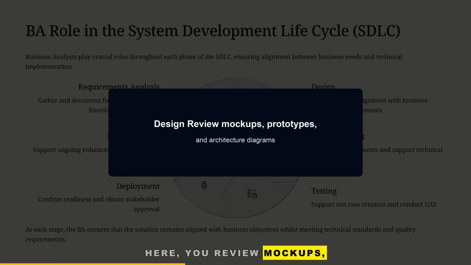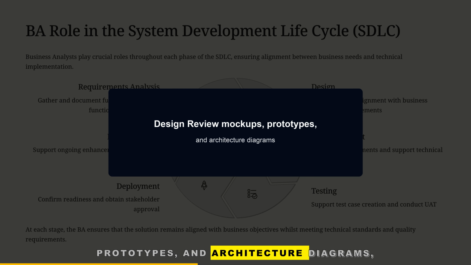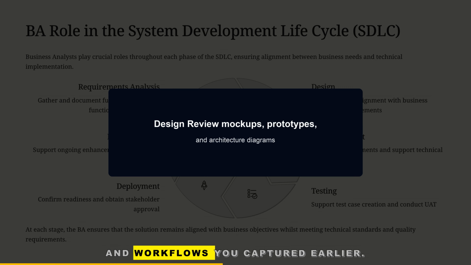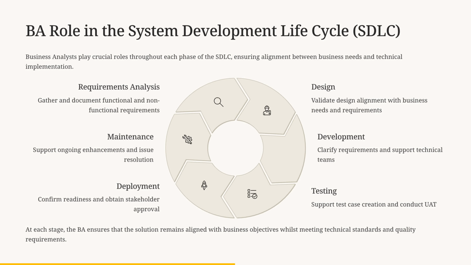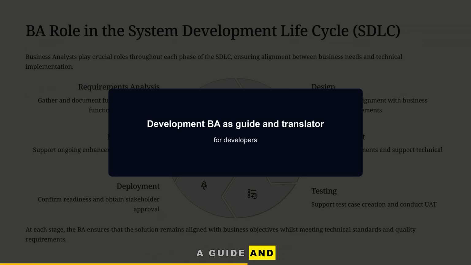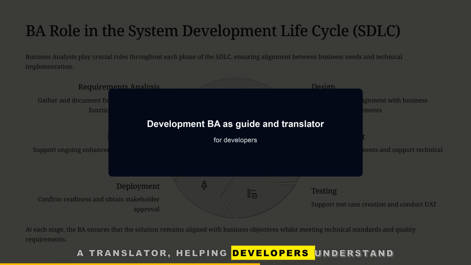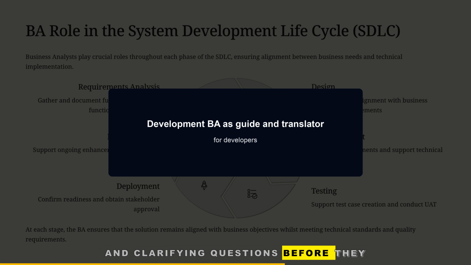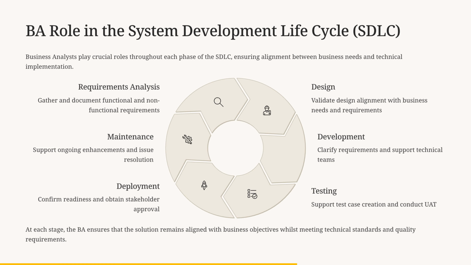Here, you review mock-ups, prototypes, and architecture diagrams to ensure the proposed solution reflects the business rules and workflows you captured earlier. During development, you're a guide and a translator, helping developers understand the intent behind the requirements and clarifying questions before they turn into costly mistakes.